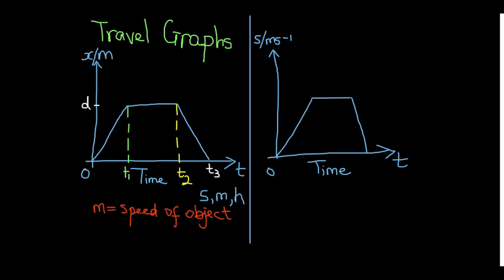Now, the question I was about to ask, which Alyssa has already explained, is this. Between T1 and T2, you notice that the line is flat. So let's look at it from that coordinate geometry perspective. What is the gradient of this section of the graph here? Anybody? What is the gradient of that section of the graph between T1 and T2?